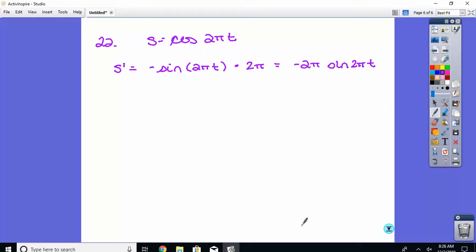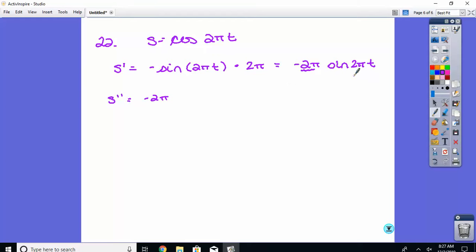Do I have to do the product rule to do the second derivative? Does this have a variable in it? No. So 2 pi is just a coefficient. So we don't have to do the product rule. So our acceleration, second derivative, coefficients just stay.